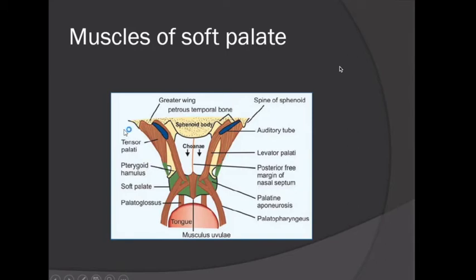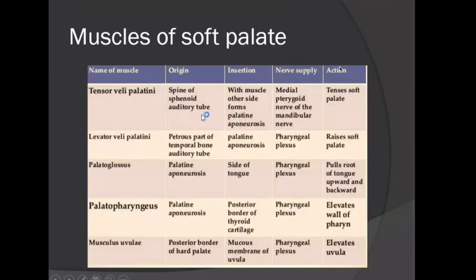I don't want to go into detail because I think you have already read it in your ENT or anatomy or many places. I just want to recall these muscles, their origin and insertion, and their nerve supplies. Except for the tensor veli palatini, which comes from the mandibular division, the rest receive their innervation through the pharyngeal plexus. That means the vagus nerve, the 10th cranial nerve.